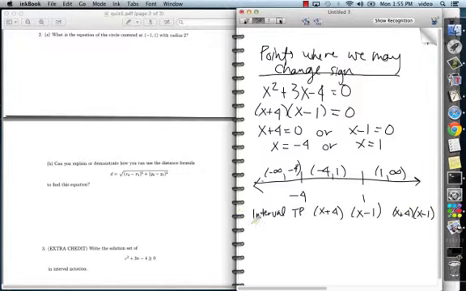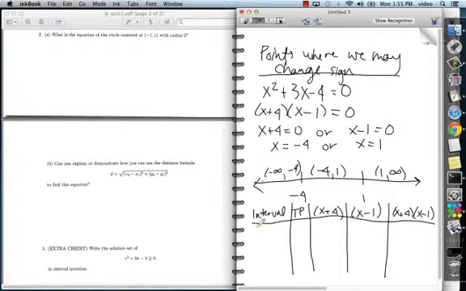Okay, so the first interval is negative infinity to negative 4, and then negative 4 to 1, and the last one is 1 to infinity. So let's pick a point that is in each of those intervals. The test point I'm going to choose for this interval is negative 5. The test point for this interval is 0, and the test point for this interval is 2.